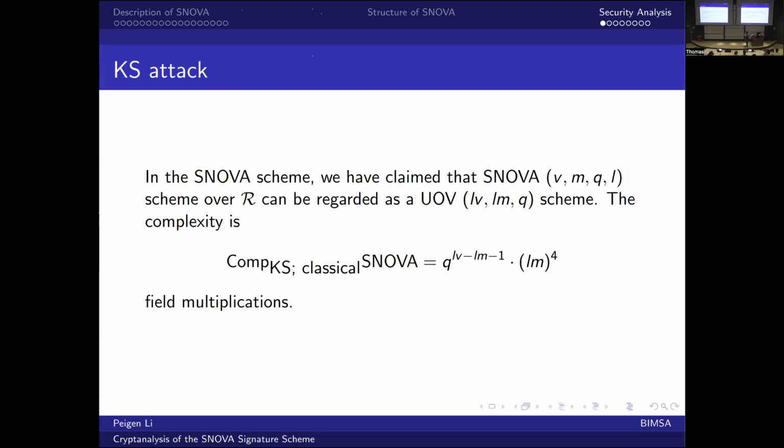Next, we only consider the key recovery attacks. The Kipnis-Shamir attack has the complexity given by this formula. The following is maybe not very important, because the most important is the first claim.